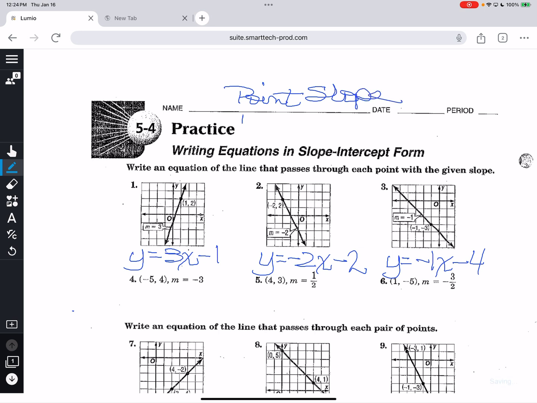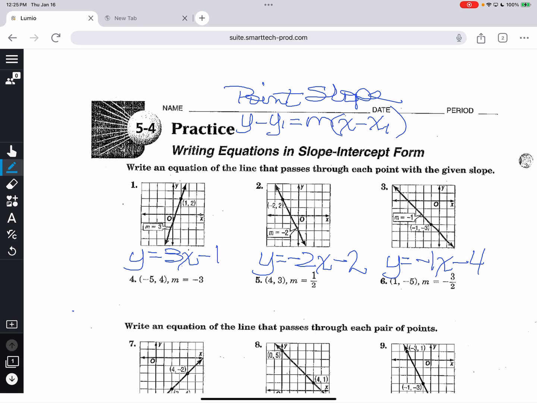So y minus y1 equals m. What's m? M represents what? Slope. And then x minus x1. Y minus y1 equals m, x minus x1. Notice that there are y's and x's that have a 1 and then ones that don't.